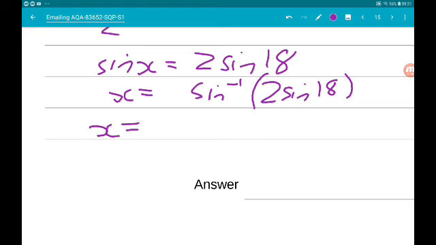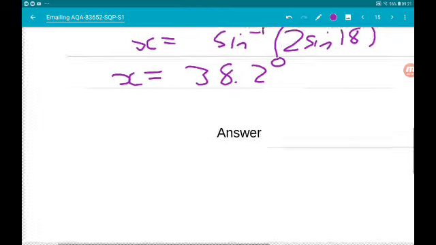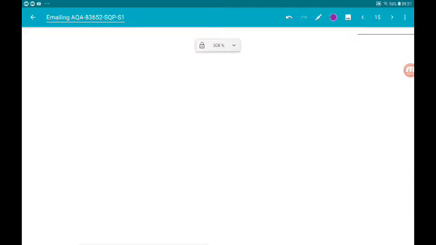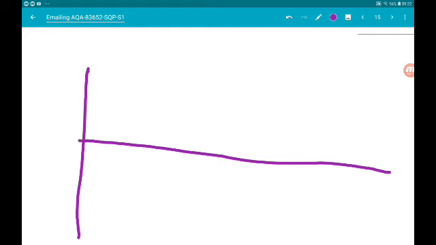So that will give us x equals 38.2 degrees. But there's a problem. That is not obtuse. So now we need to find another solution. So sine of x looks like this.